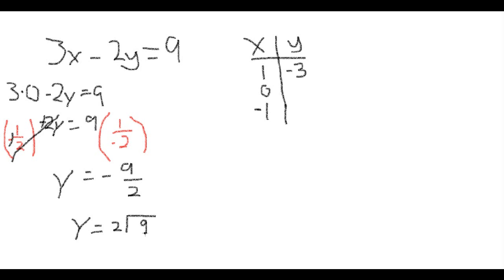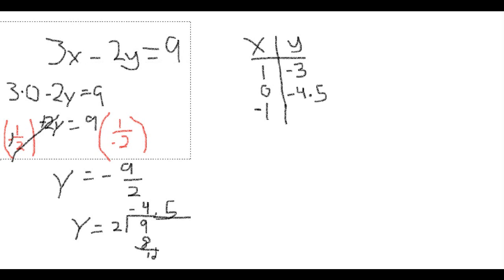Or, to simplify it, 9 divided by 2, and the answer will be negative. Let's see what we get. Negative 4.5.